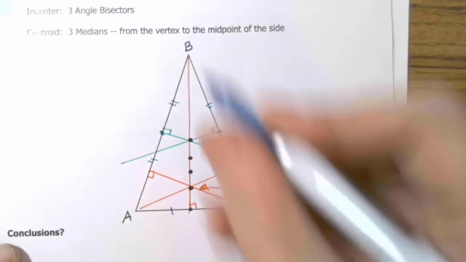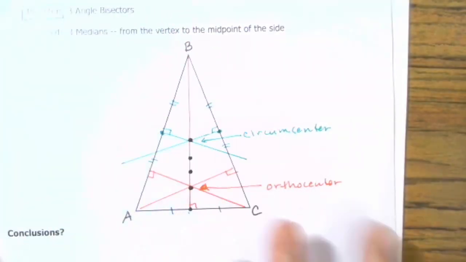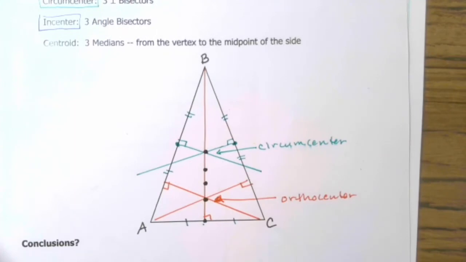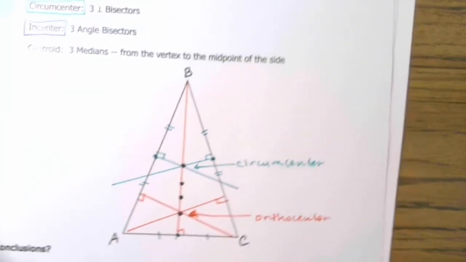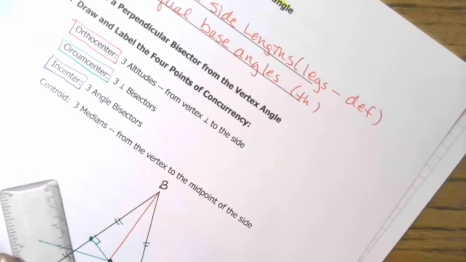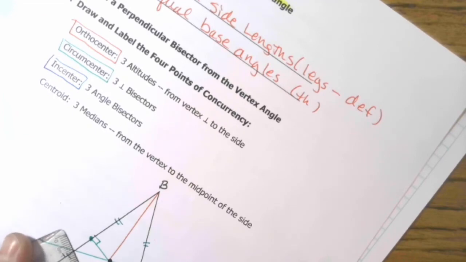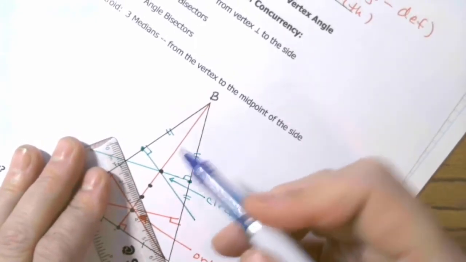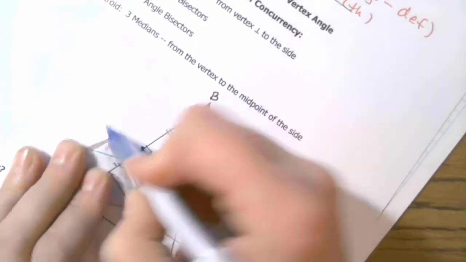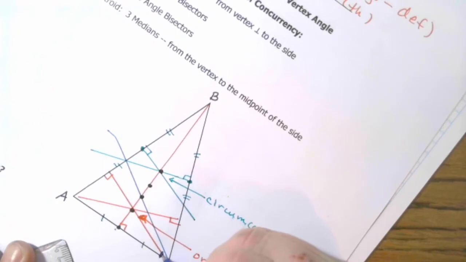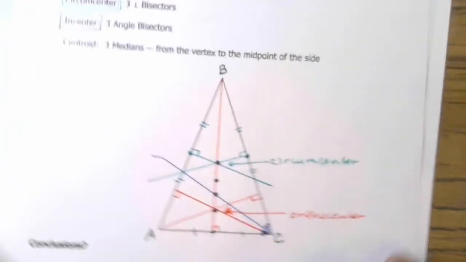Okay, we're going to do the incenter, which is the three angle bisectors. And again, we're going to estimate this a little bit just for the sake of keeping the drawing tidy. So the incenter is the angle bisectors, and so the angle bisector actually goes through the second dot from the bottom. So this angle and this angle are the same.